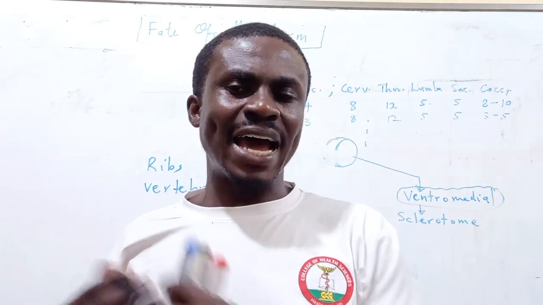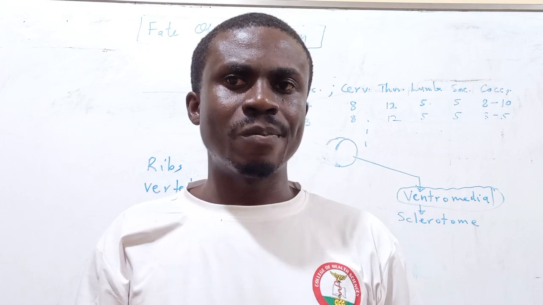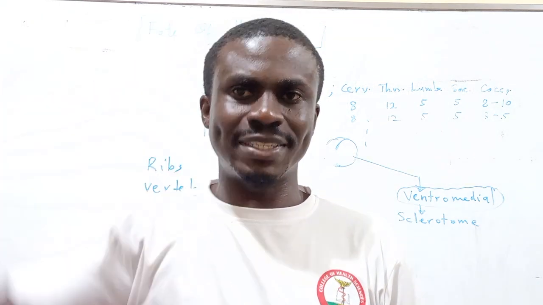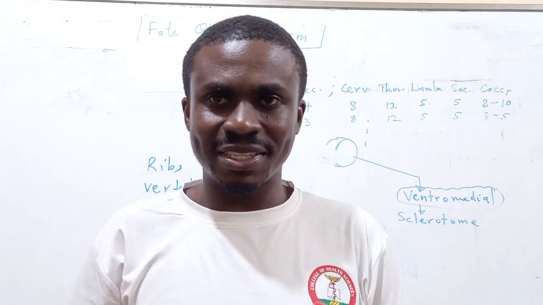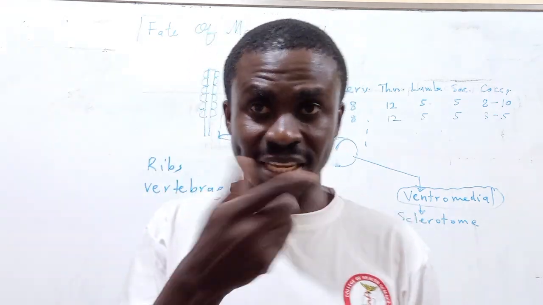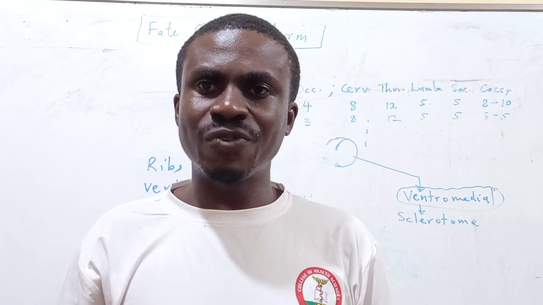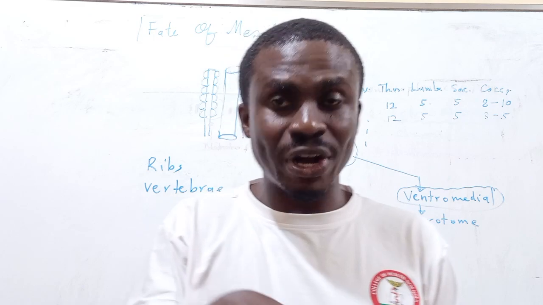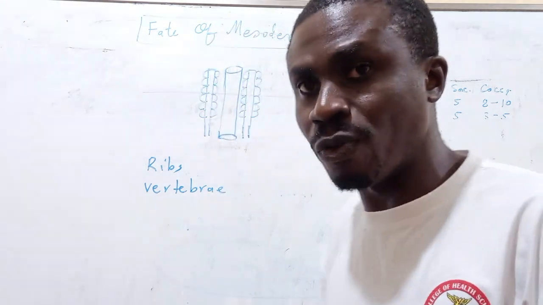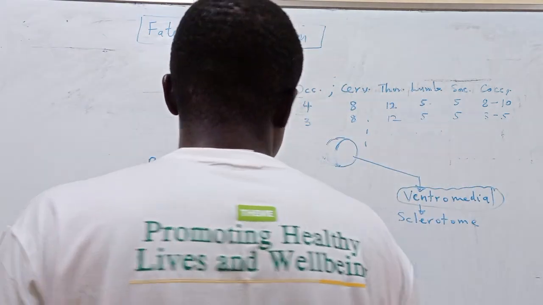Now, we've seen already that the nucleus pulposus of the intervertebral disc will be coming from remnants of the notochord. We said that. But my friends, the intervertebral disc is not only made up of what we call the nucleus pulposus. Okay, let me just sketch out something.